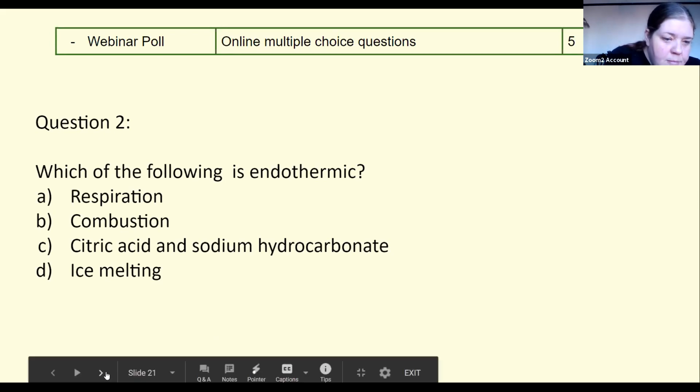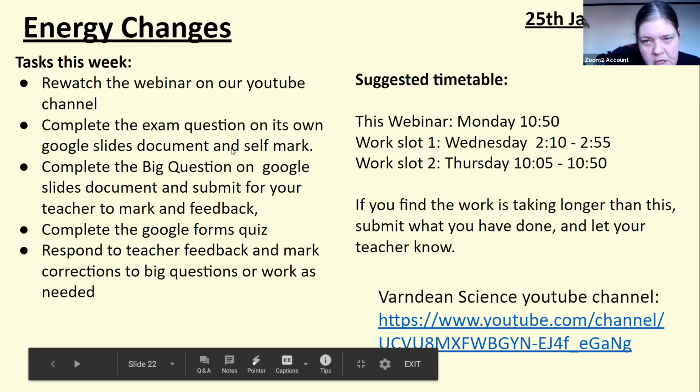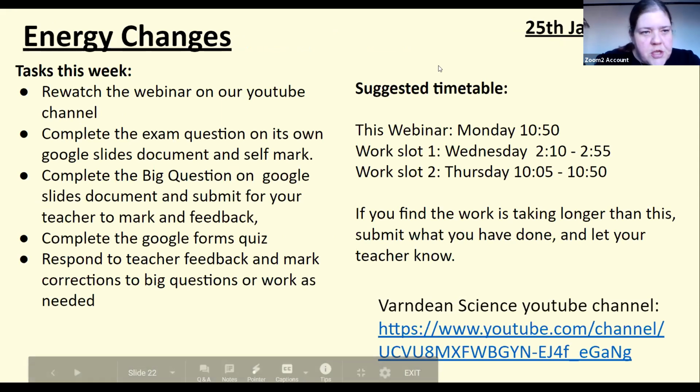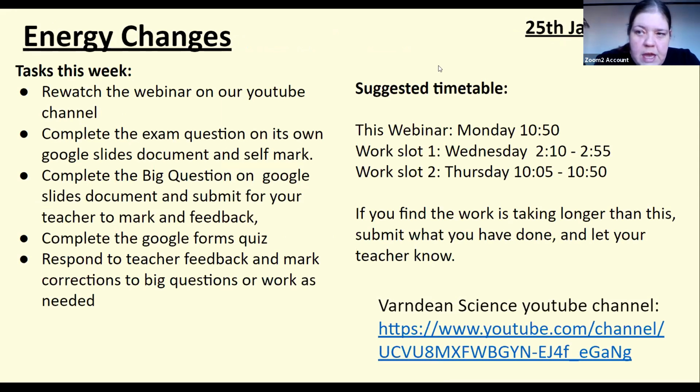Okay, so just to recap then, lovelies, your tasks: obviously rewatch this for the calculations and any of the information. Then I've put on a separate slide document a practice question for you to do, which has got self-marking. There is a bond energy calculation there. Then there's the big question like we've been doing on that same document. And again, I believe there's a bond energy calculation there, which your teachers will mark.